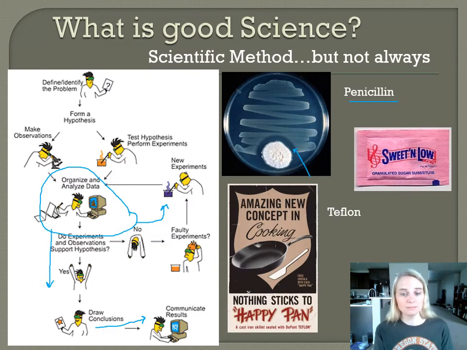So they did, again, making observations for their testing, found that it stimulated our sweet sensors on our tongue, but it was not anything that could be metabolized by our enzymes in our body. And so with artificial or no calorie sweeteners, you're basically telling your tongue that it's sweet, but your body can't do anything with it. It can't burn it for energy or use it as a caloric intake. It just leaves your body unaffected. And so that is another one of these happy accidents in science.